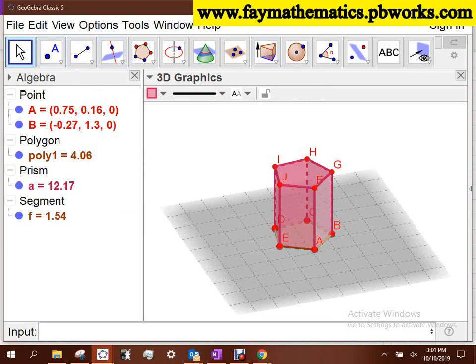If I look at that plane right there, that orange one, let me make it yellow, easier to talk about.